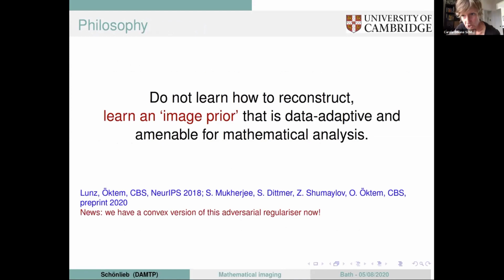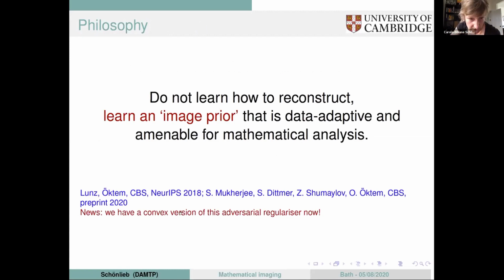So the main message here is that in combining this model-based idea with the data-driven idea, namely sticking with a variational model and then plugging in the data-driven machine learning idea in terms of a regularizer, we have something that is adaptive, that models the prior information based on the training set, but on the other hand is something that we can handle mathematically.